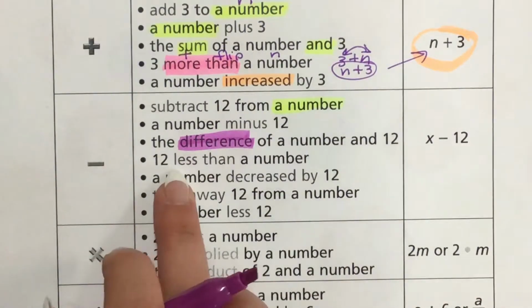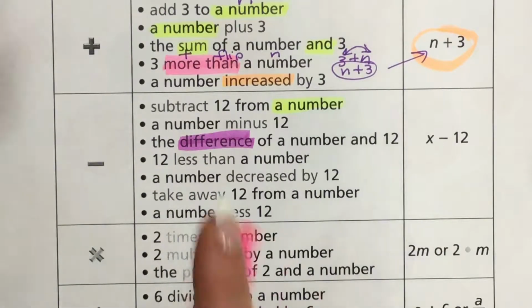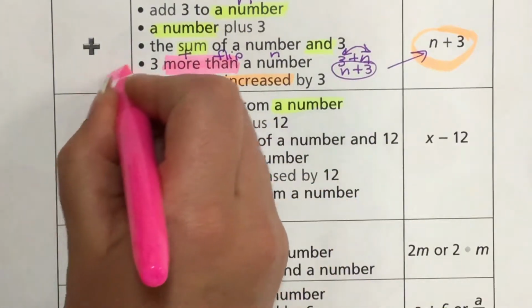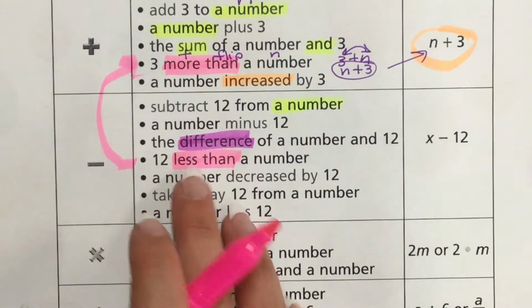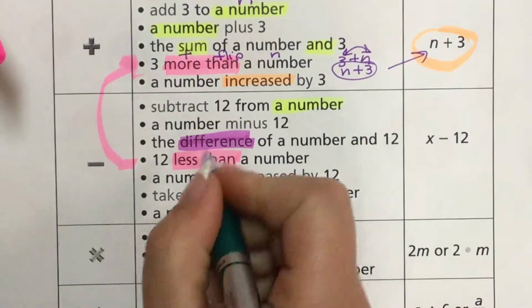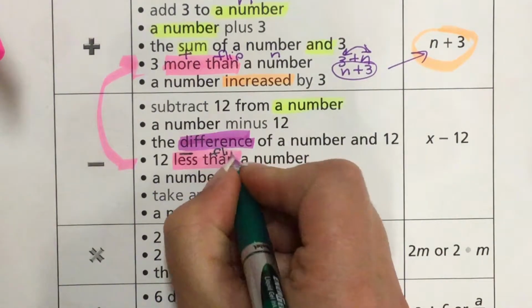Okay, perfect. Now, the next one, 12 less than a number. 12 less than a number is kind of similar but different than the one we did up here, which was 3 more than a number. So 12 less than lets you know that you are going to be doing subtraction, but the than means you're going to be flipping it.